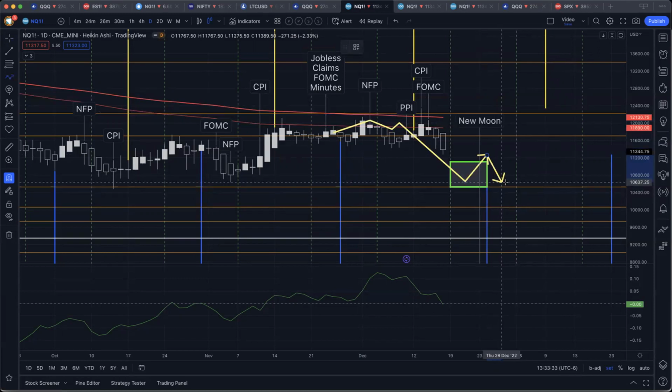I'm focusing on time. All right, so this low could be down here. This low could be up here. So for argument's sake, I'm just going to put it right in the middle. And that's the week after Christmas, the week starting Tuesday the 27th. Okay.